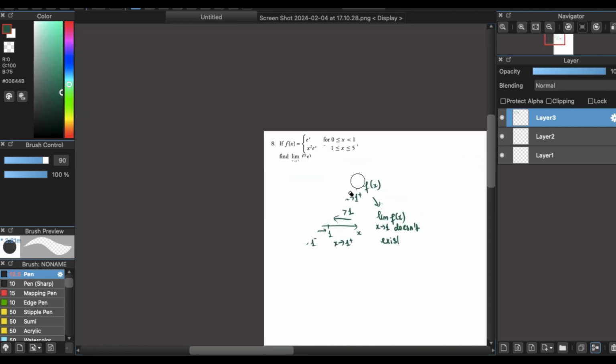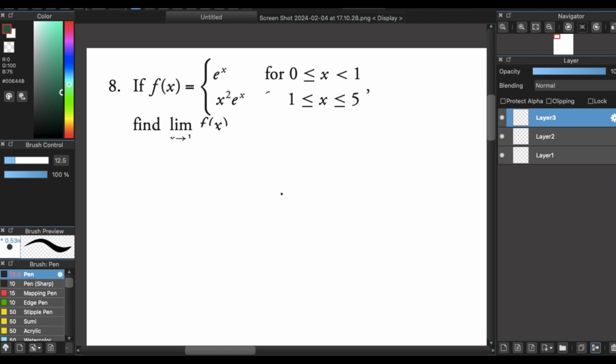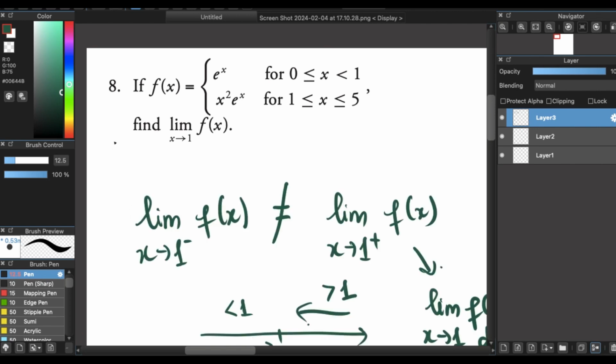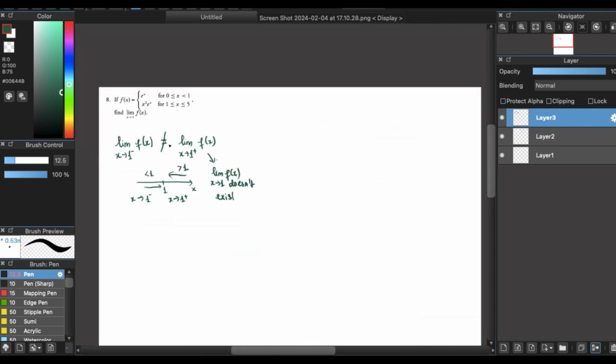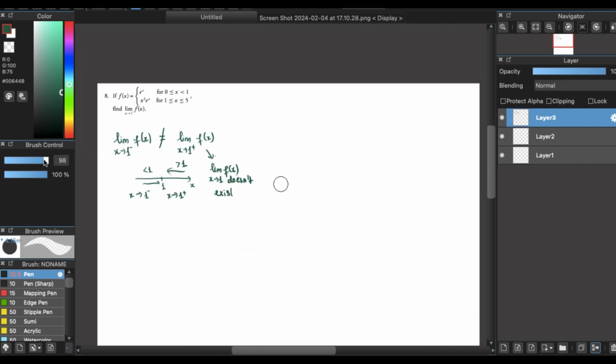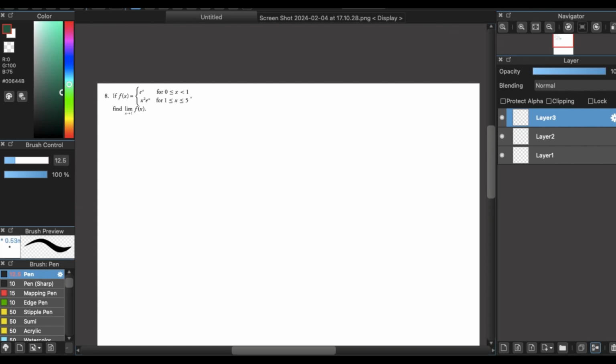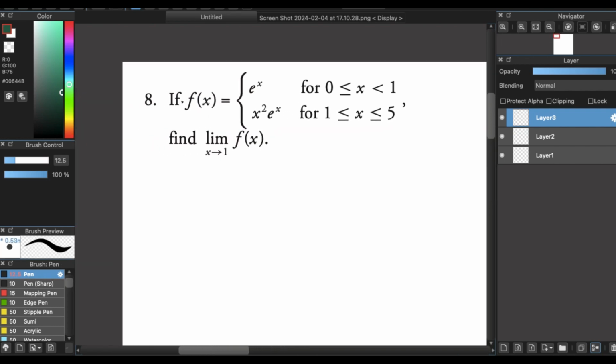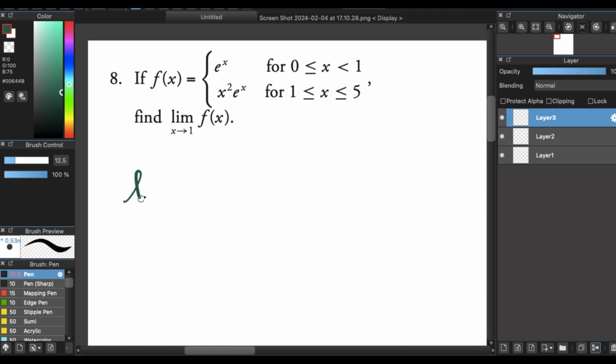We're going to find out whether the limit of f(x) exists or not. So let's see. Oops, did I just erase the question itself? Okay, so now I'm going to calculate the limit when x reaches 1 from the left side.